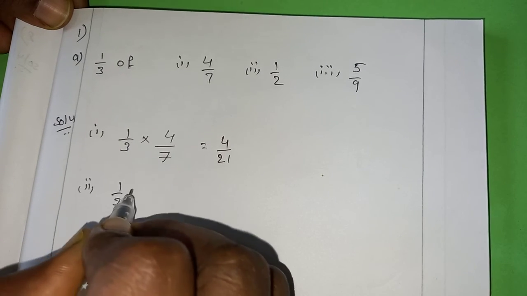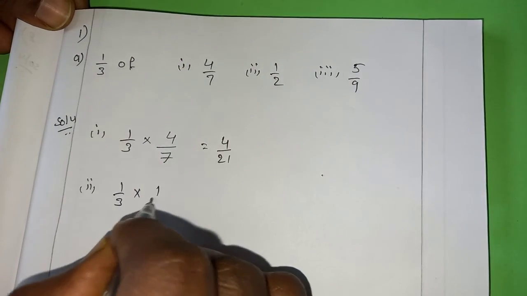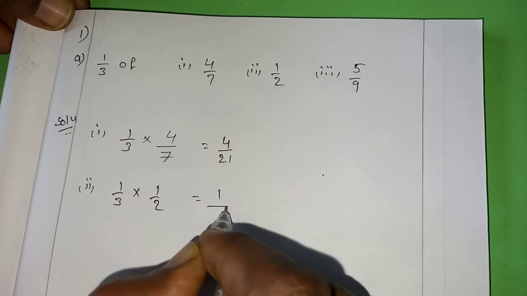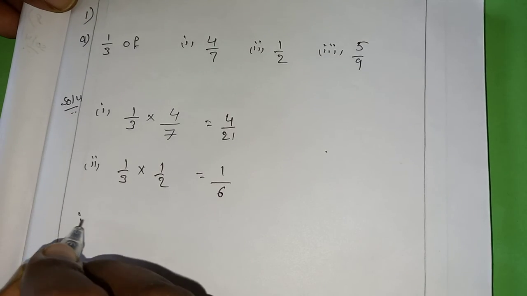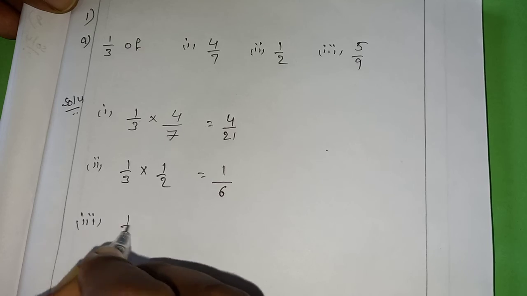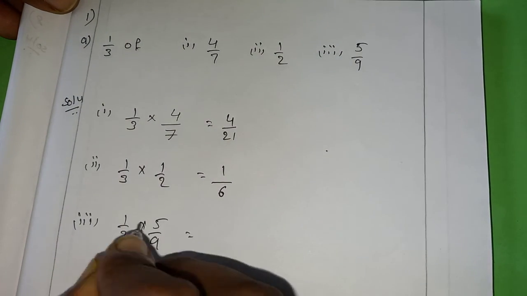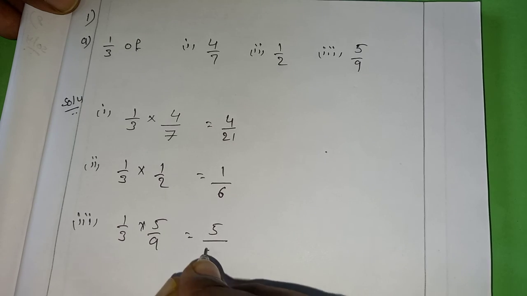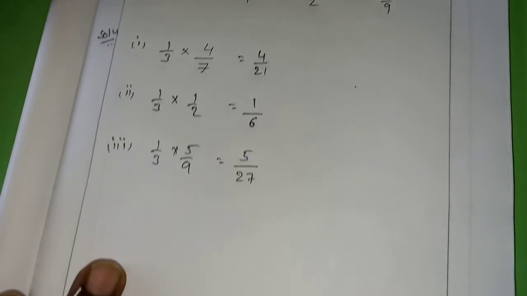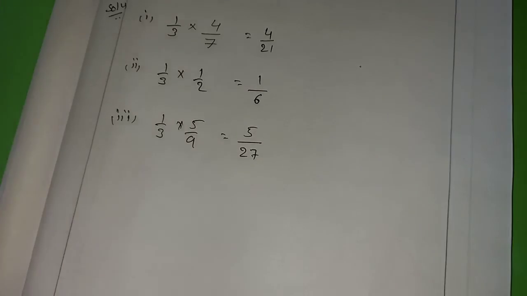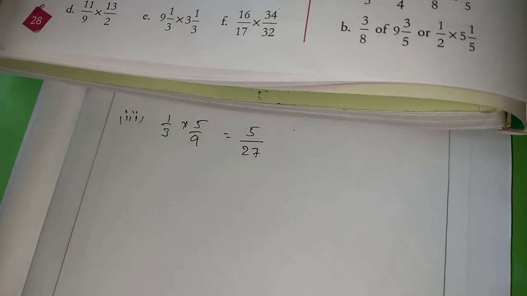Second one. 1 by 3 of 1 by 2. 1 ones are 1. 3 twos are 6. Third one. 1 by 3 of 5 by 9. 5 ones are 5. 3 nines are 27. That's it. Simple. Same way, B also.